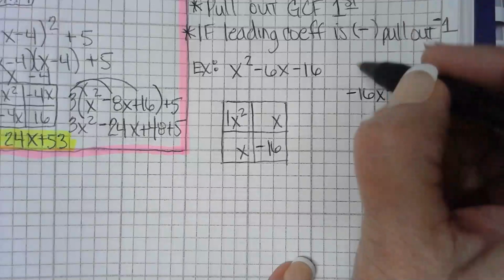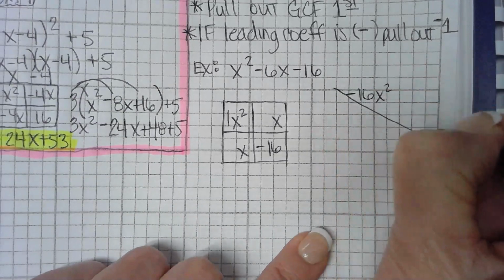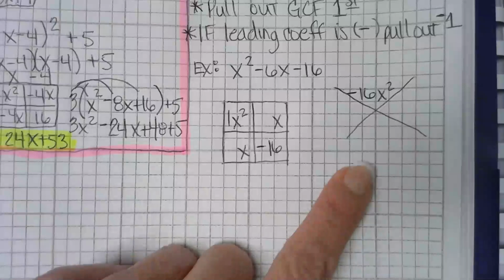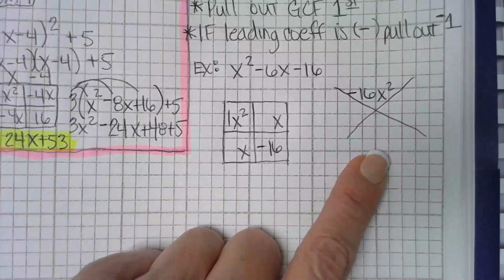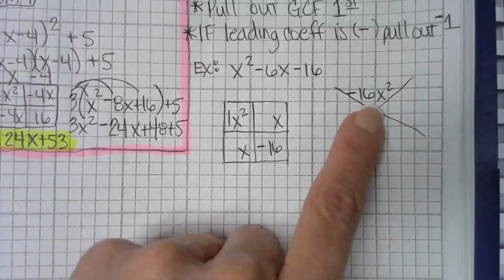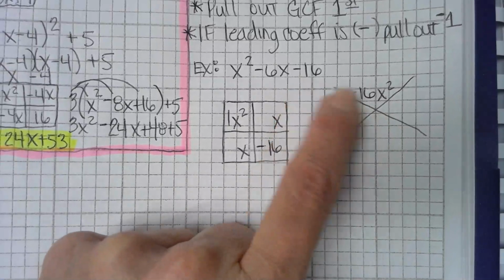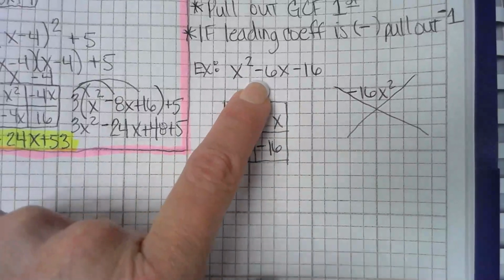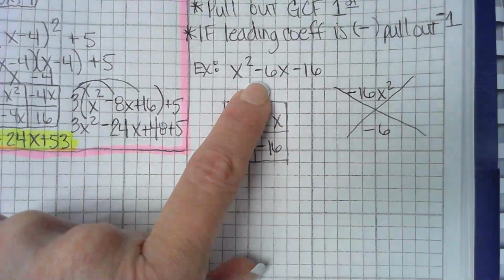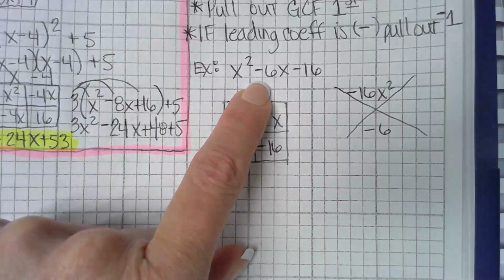So, y'all, I need, and you guys did this fun little X box, I need magic numbers that multiply to get to negative 16, but combine to get negative 6.